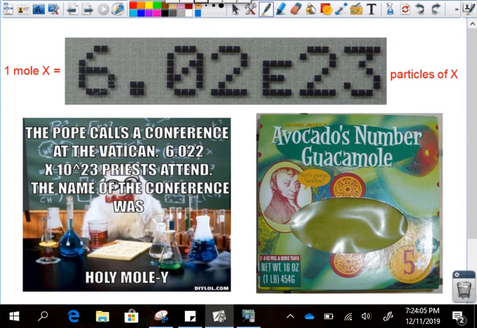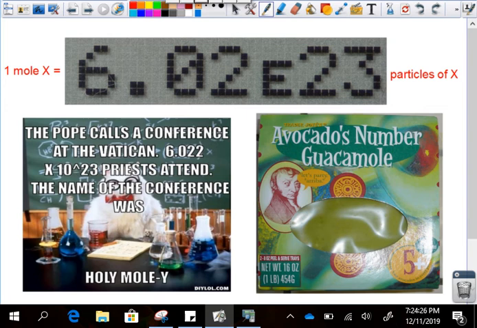And in your calculator, anytime you see scientific notation, there's that fancy letter E in there. And so if I have 1 mole of iron, I have this many, 6.02 times 10 to the 23rd, iron atoms.